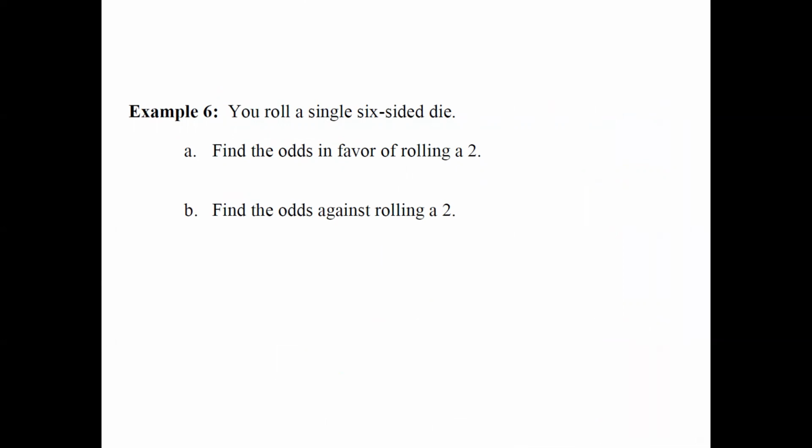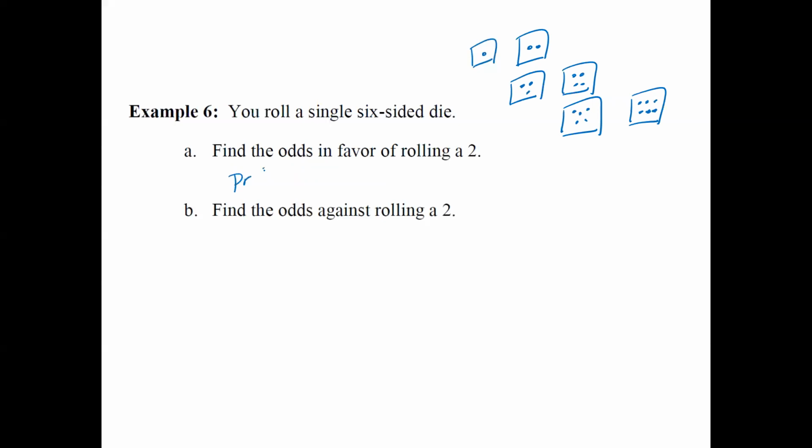So with example 6, it says you are rolling a single 6-sided die. Okay, and with a die, you have the following faces. So find the odds in favor of rolling a 2.